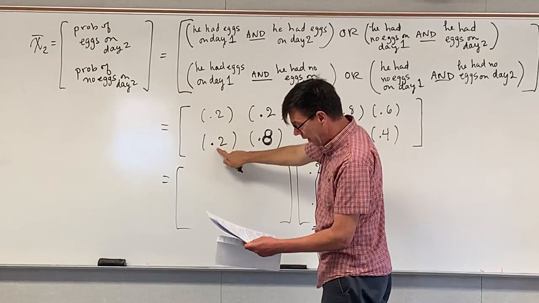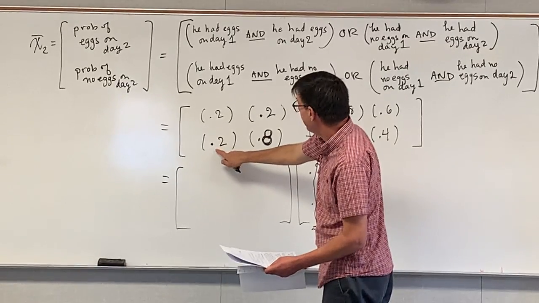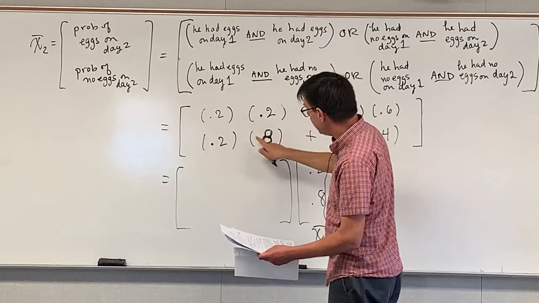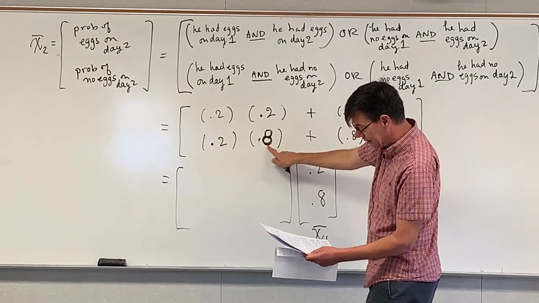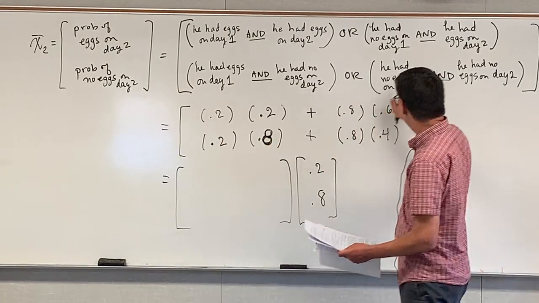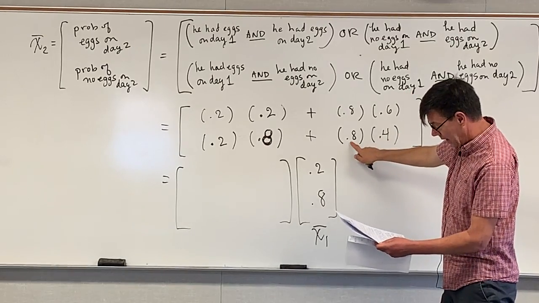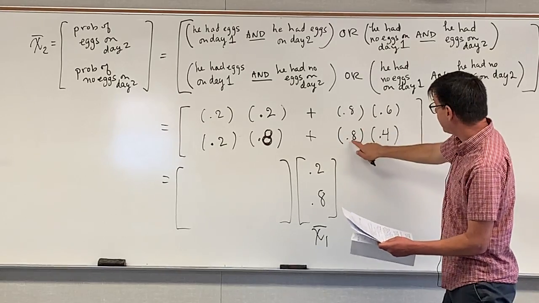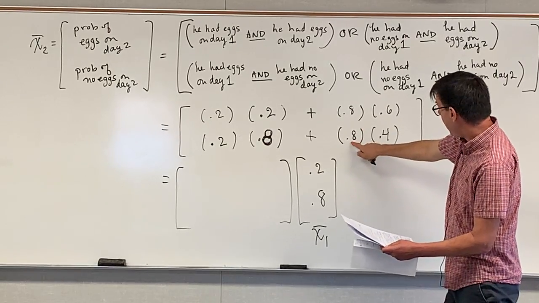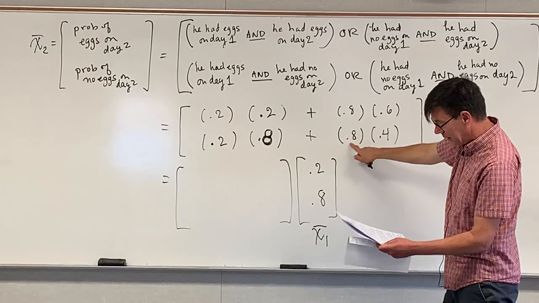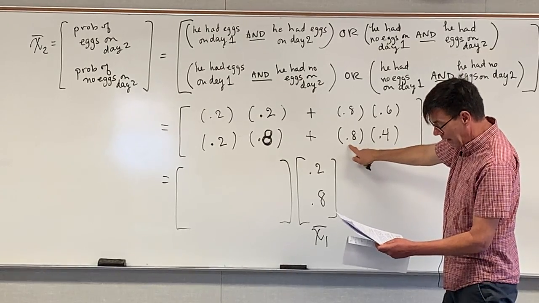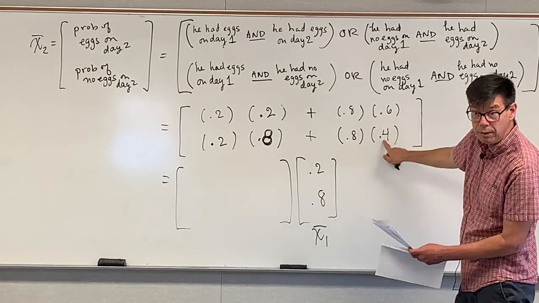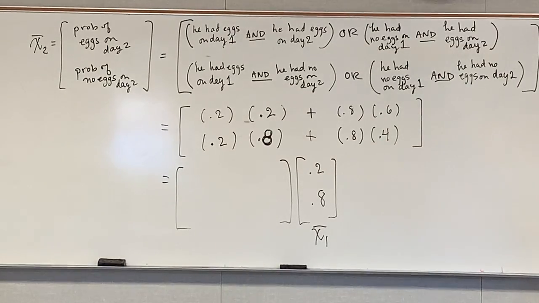Again, going back to the first sentence, if he had eggs, the probability of no eggs the second day is 0.8. If he had no eggs on day 1, that was 0.8, but then the probability of no eggs the following day is 0.4. Okay. All right, so as usual, I'm the last person to figure it out after you guys have everything.